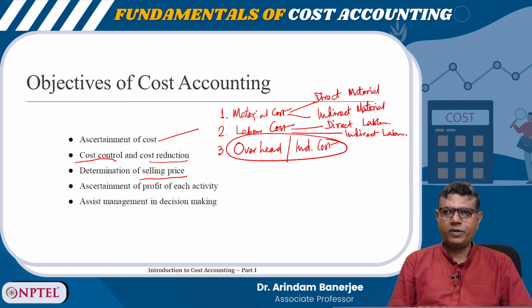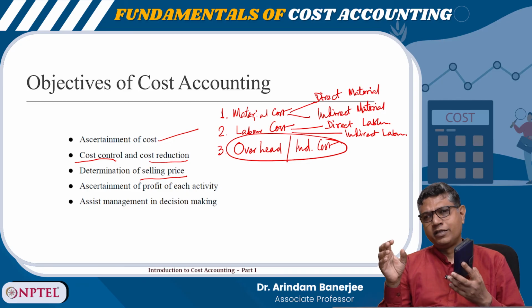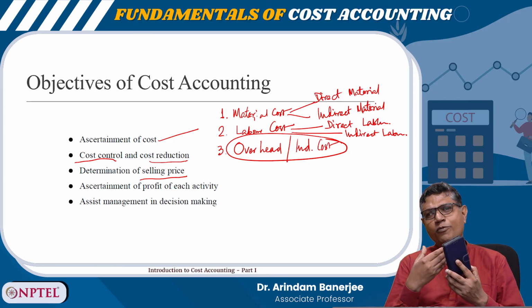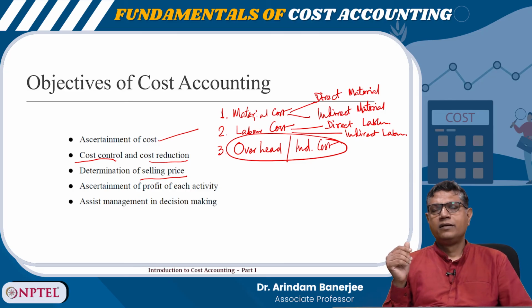So, I need to keep an eye on what my competitor is doing. If my competitor is selling this mobile at 20,000, and I try to sell the same model with the same features at 25,000, then I need to justify why I am doing it. Otherwise, customers will not come to buy this.